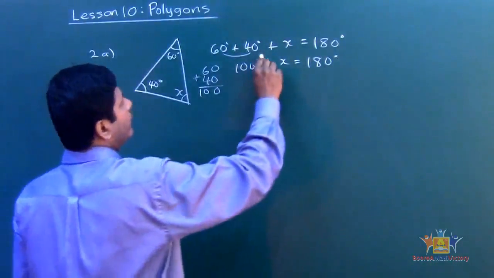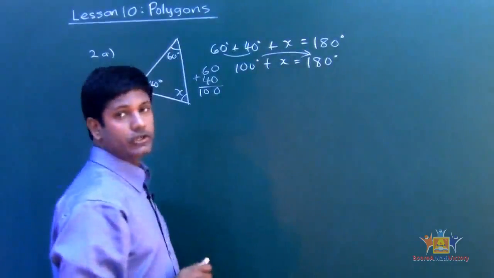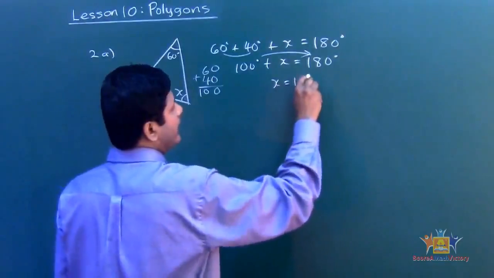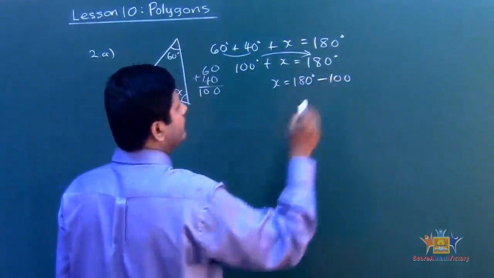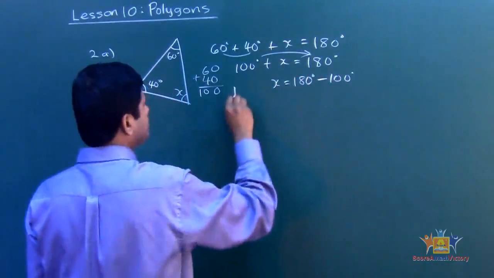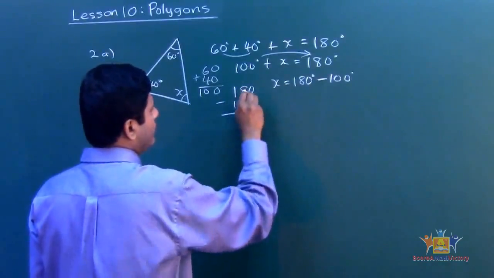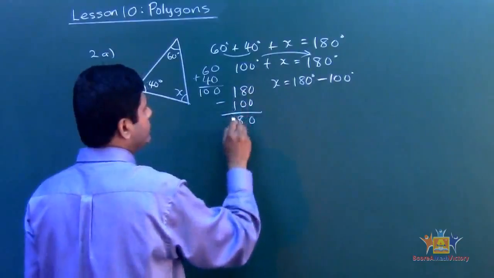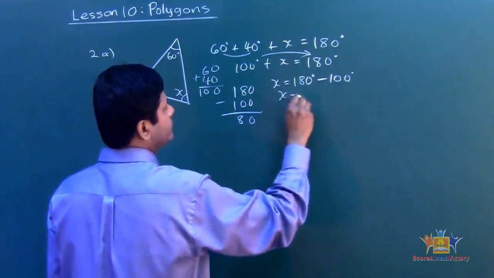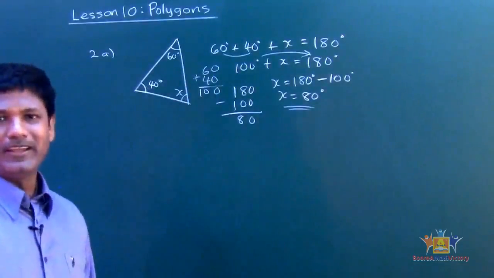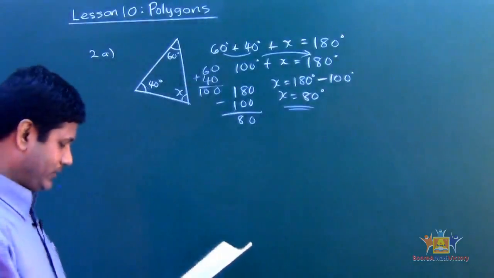Addition across the bridge becomes subtraction. So x equals 180 minus 100, which is 80 degrees. Pretty easy, isn't it? Straightforward. Let's look at B.